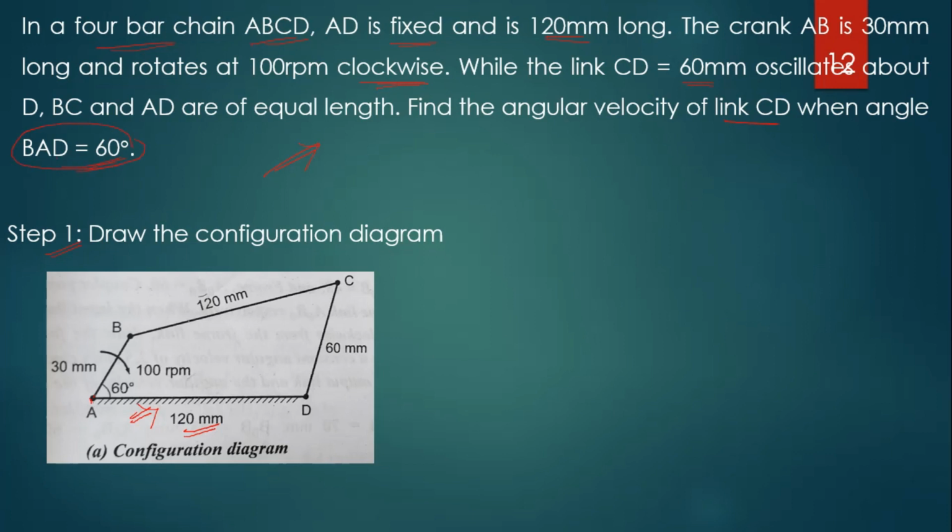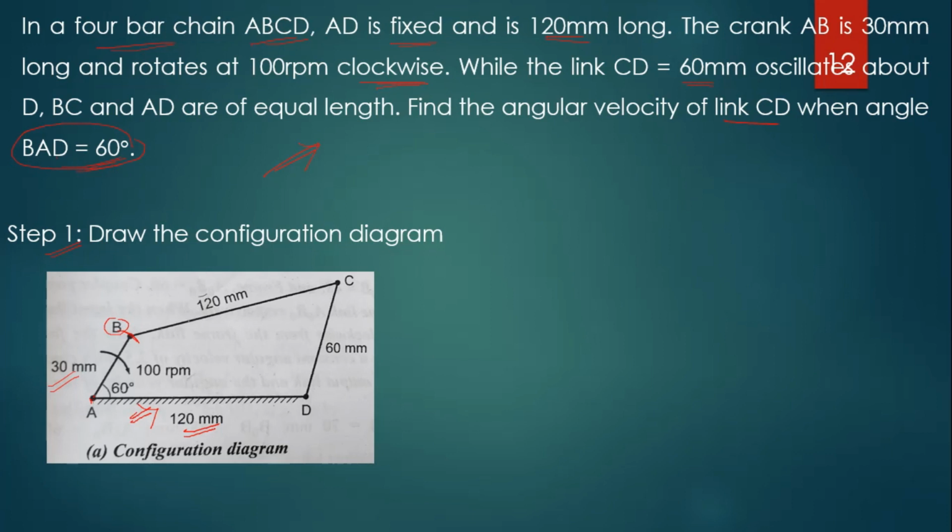Take A as a center point and draw an inclined line at 60 degrees, then take a compass, measure 30 mm, take A as a center point and cut the arc, and you get point B, which is 30 mm on the 60 degree inclined line, right. So, point B we got.